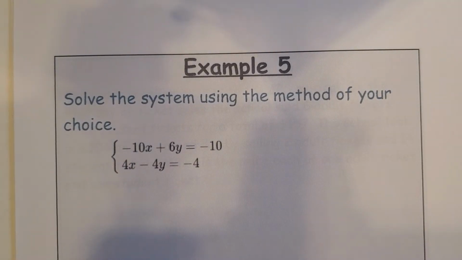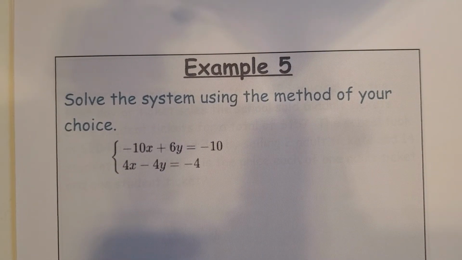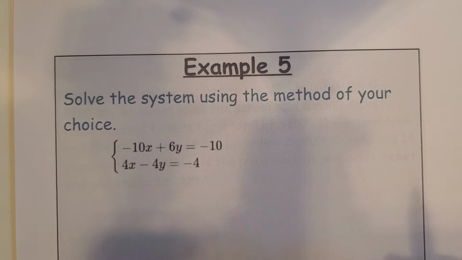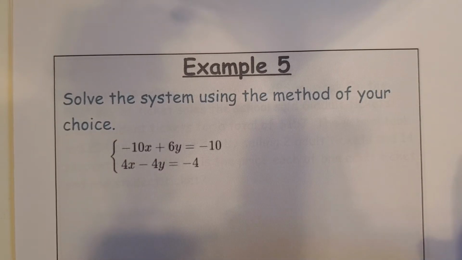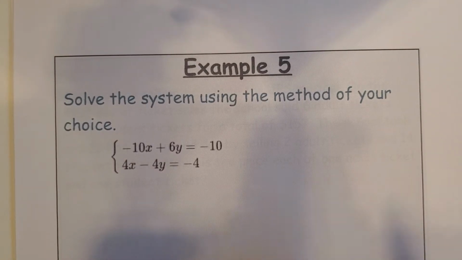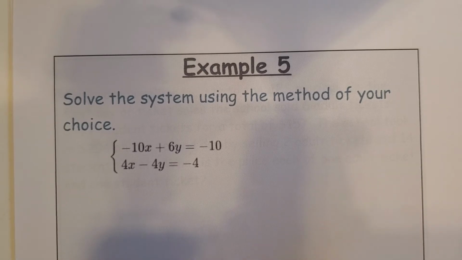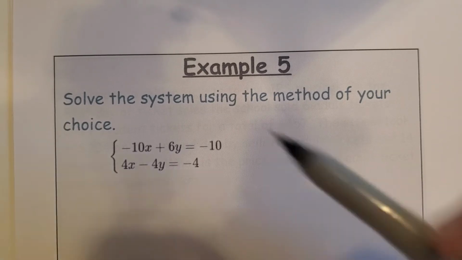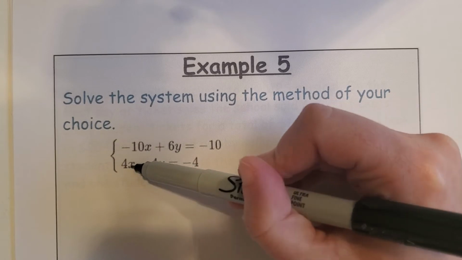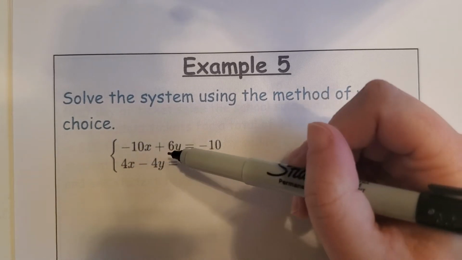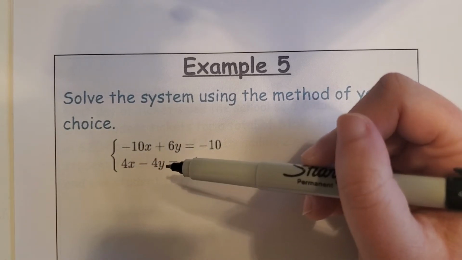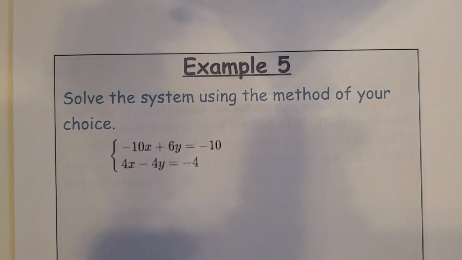I think this would probably be easiest to do by elimination. This looks like it's going to be one where you would have to multiply both equations by something. I think the least common multiple for x would be 20, and the least common multiple for y would be 24. So I would probably work with the x's, just because the numbers would end up being smaller.